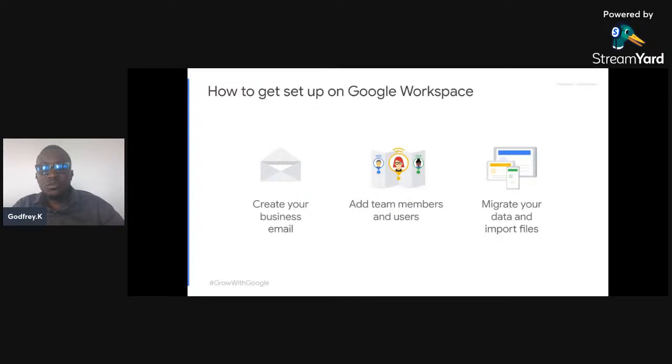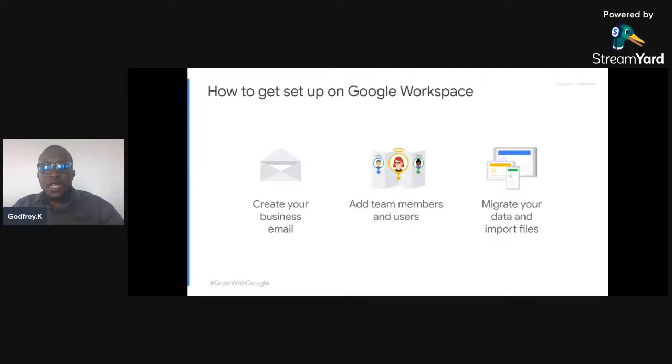For example, you get the address info@company.com. Let me say info@mariam.com, or info to contact your company. That's when you do that. But otherwise, you do not need to add email addresses as user accounts.